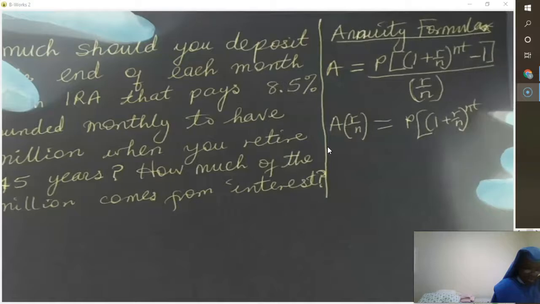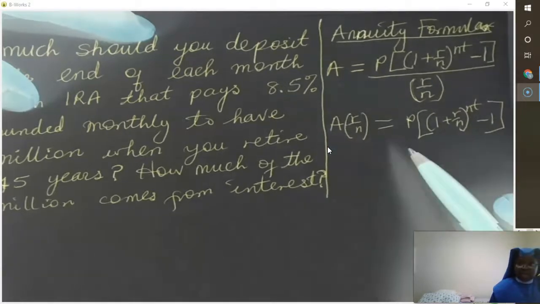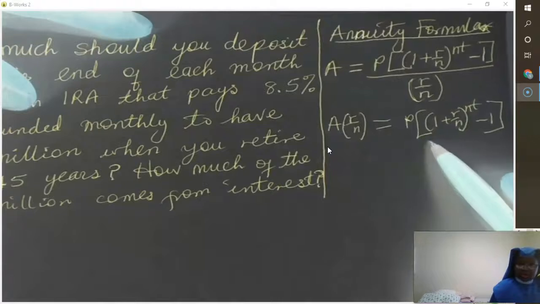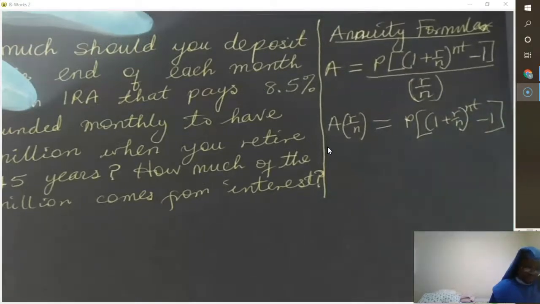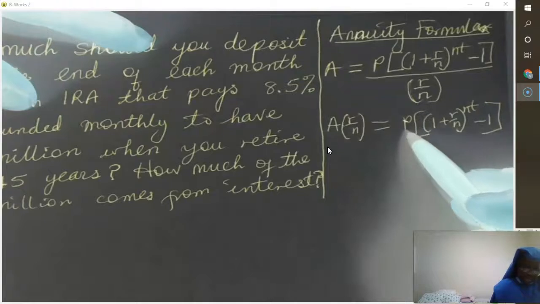This will only get rid of the parentheses and nothing more. Now the fraction is out, because if you multiply on this side, it's going to cross out. Next we are going to isolate P.